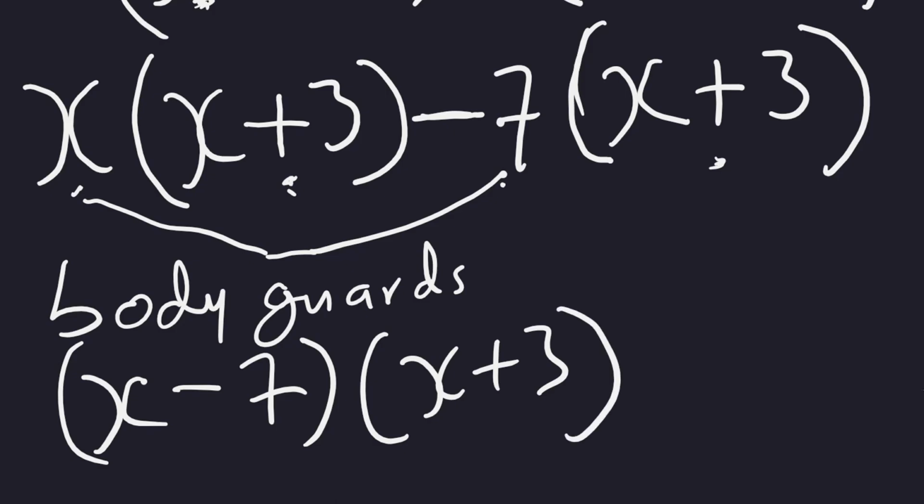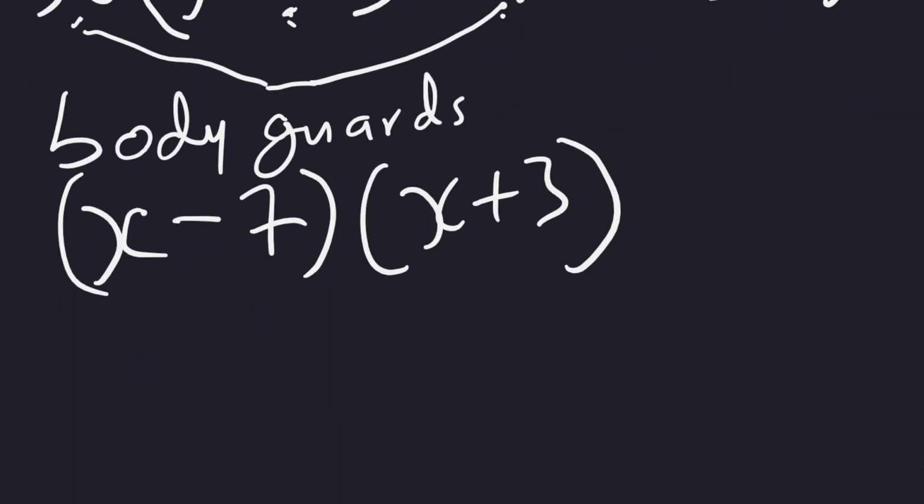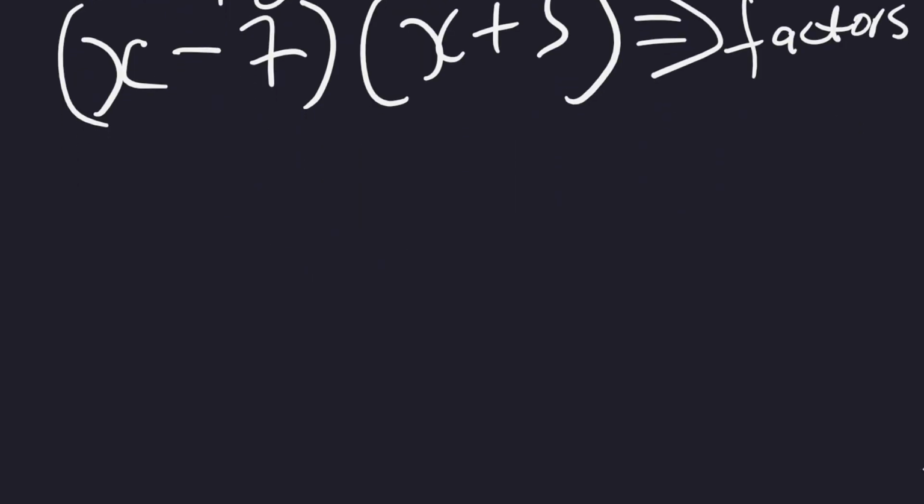So these are the two factors. Let me go further. These are the two factors of that expression, right? Normally, a quadratic equation always has a maximum of two factors, right? So the two factors that satisfy that expression are what?